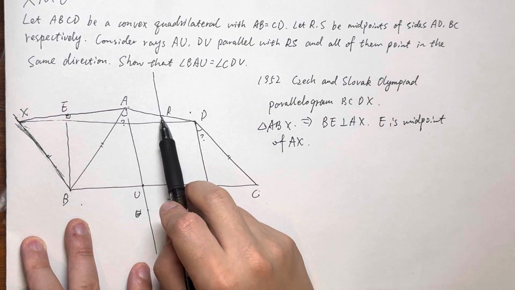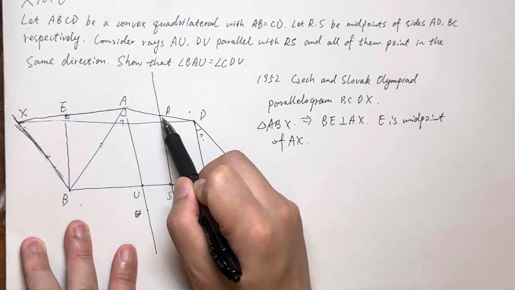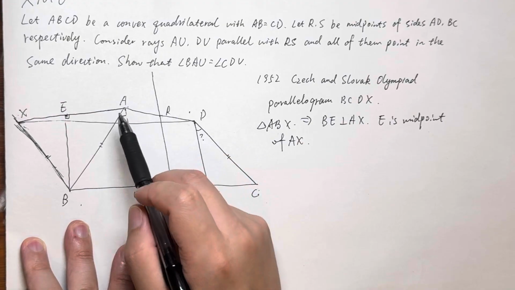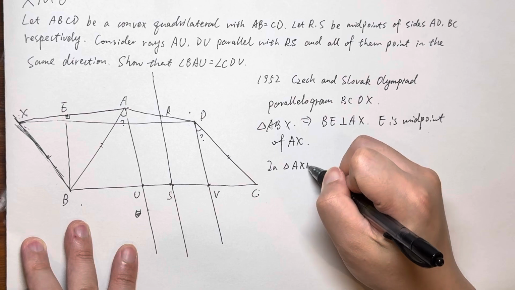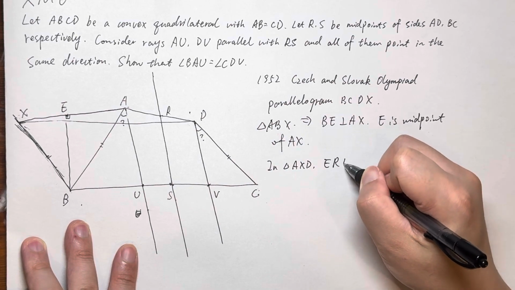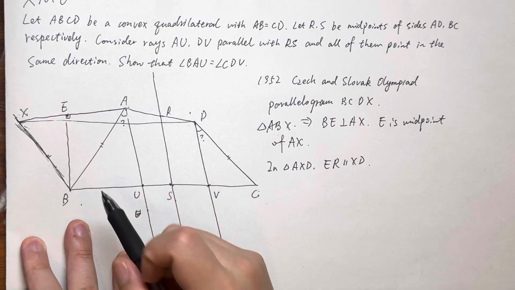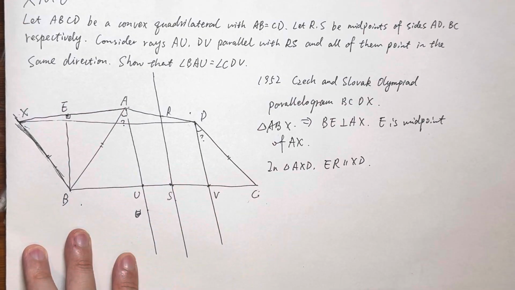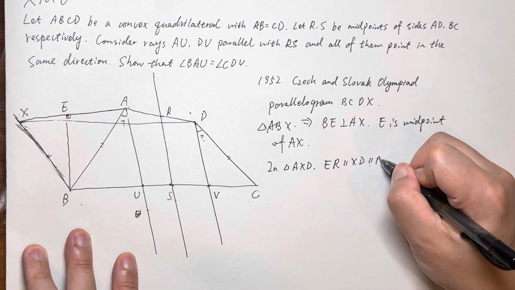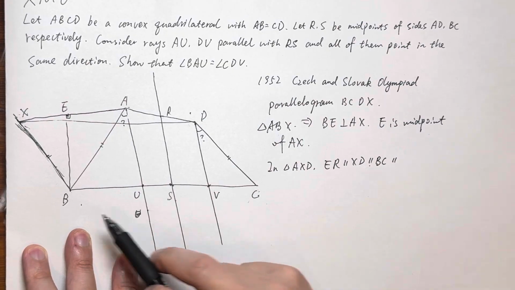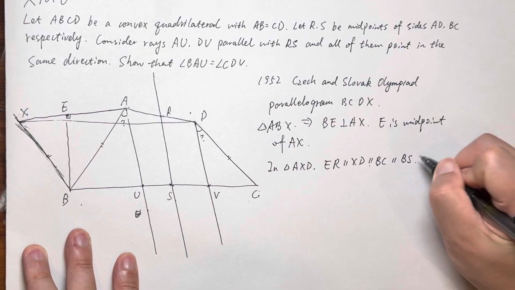Now we can see, because R is a midpoint of AD, we want to connect ER, right? That means in triangle AXD, ER is parallel with XD. And because BCDX is a parallelogram, that means ER is parallel with XD, also parallel with BC, and also that means parallel with BS, right?